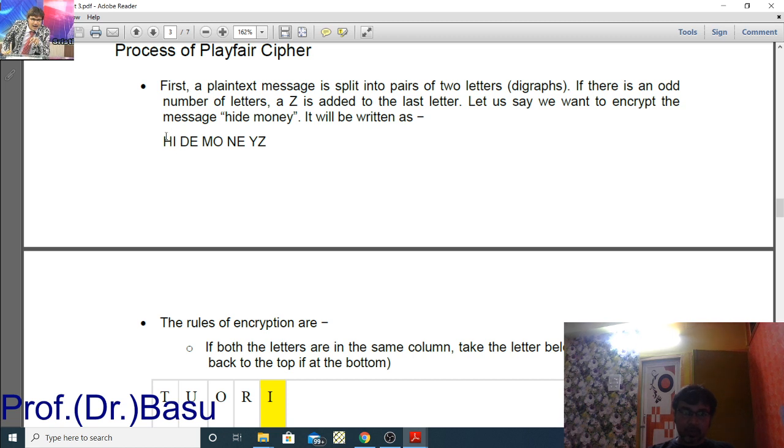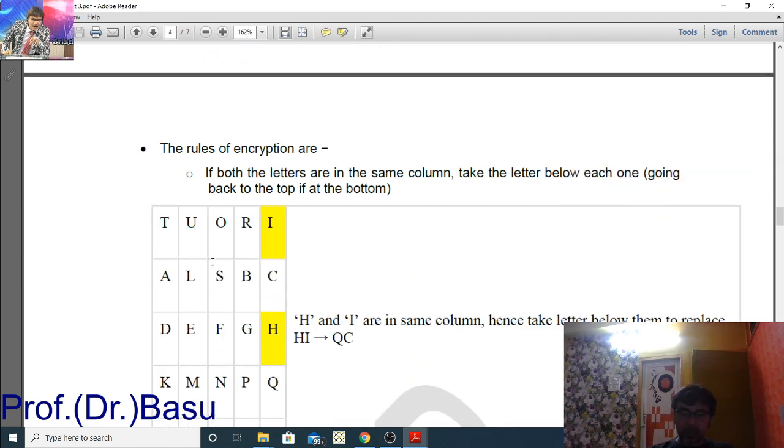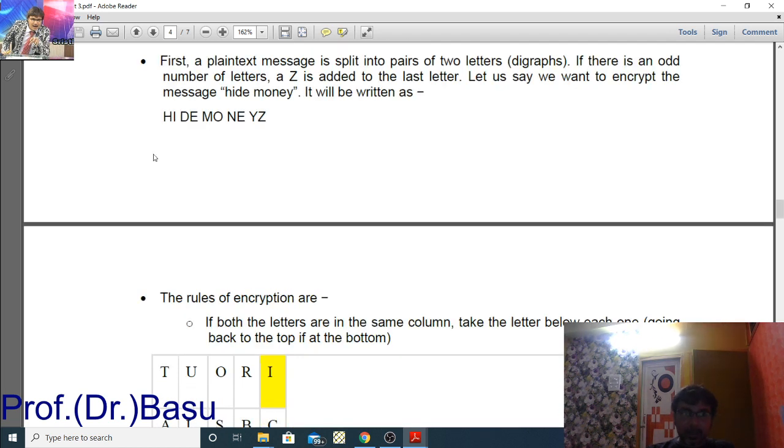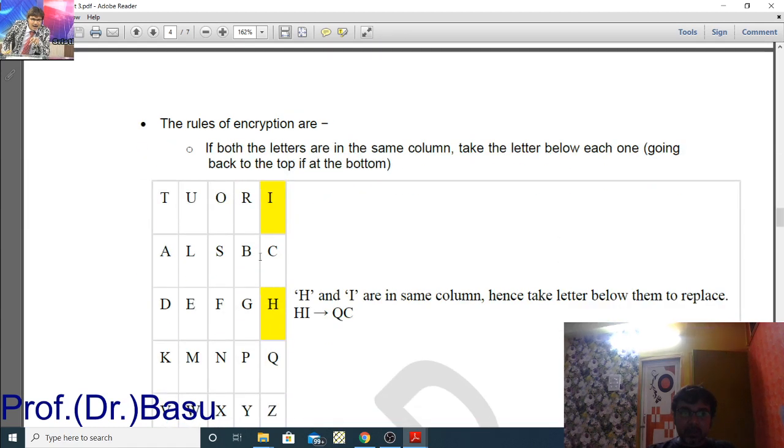So first look at HI. So there are 3 rules. If both the letters are in the same column, take the letter below each one, going back to top if at the bottom. See, H, here we are getting the H, and these are in the same column. HI comes in the same column of the matrix.